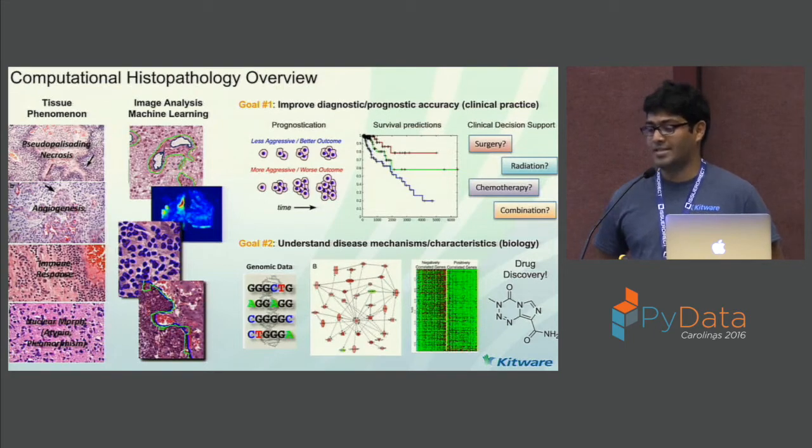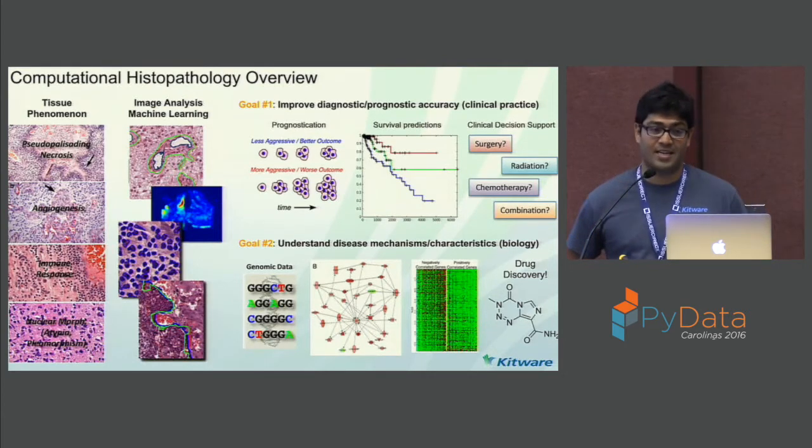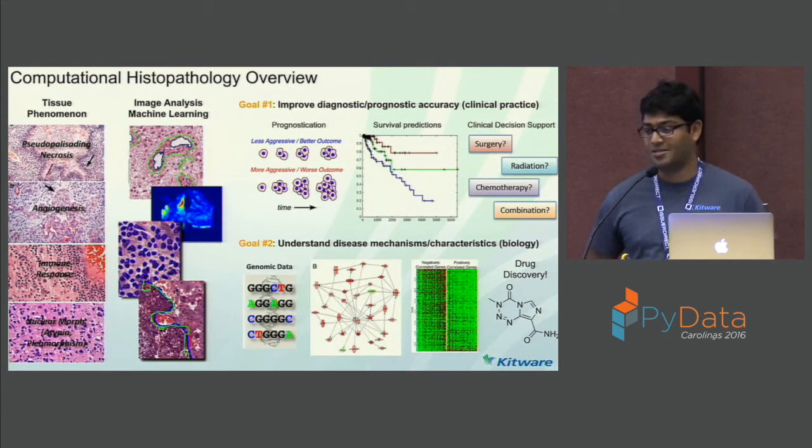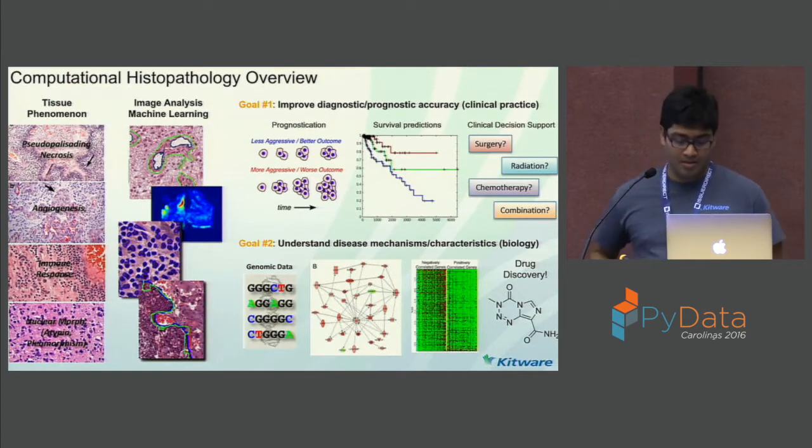The second goal is to understand tumor biology itself. You correlate these imaging biomarkers with other genetic variables to understand the correlations, and hopefully that will one day lead us to developing better cancer drugs.